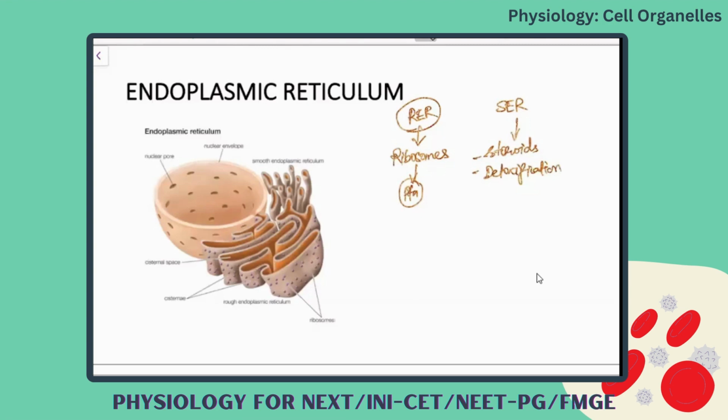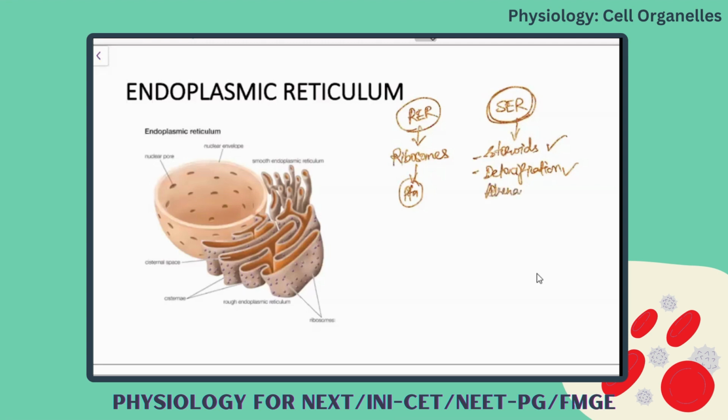Which organ is involved in detoxification? Liver. So since the smooth endoplasmic reticulum has a major role in steroid synthesis and detoxification, which organ will have an excess of it?